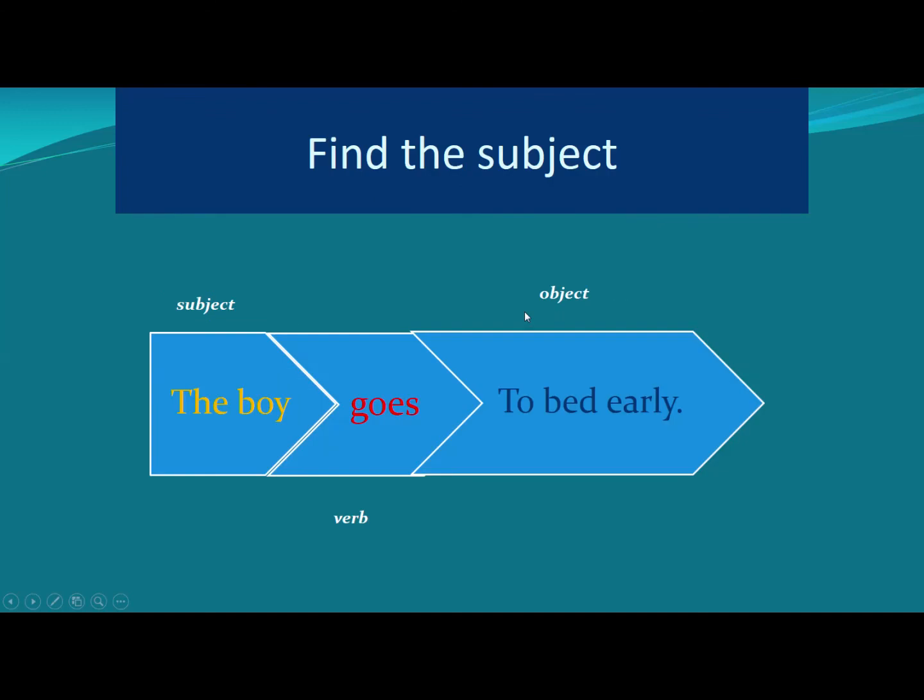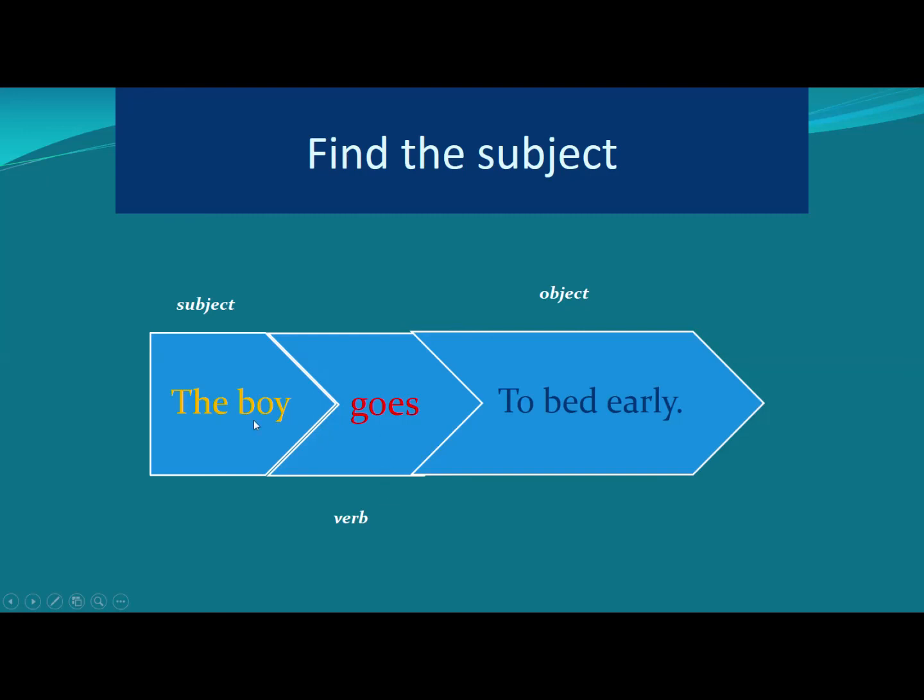For example, over here we have to find where the subject is. The boy goes to bed early. Here the subject is boy, goes is the verb, and to bed early is the other part of the sentence. So the boy goes to bed early. Here the subject is singular, so the verb will be goes.